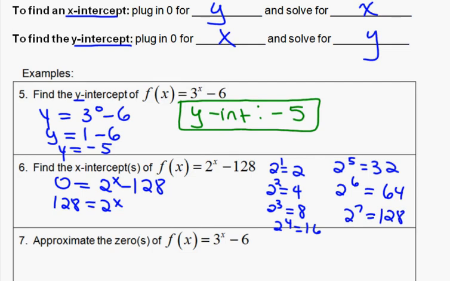So that's where we're reaching. We got to the number we wanted. So I can rewrite this as 2 to the 7th is equal to 2 to the x. So that means x is equal to 7. So the x-intercept is 7.